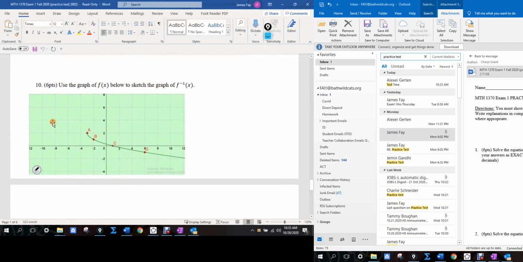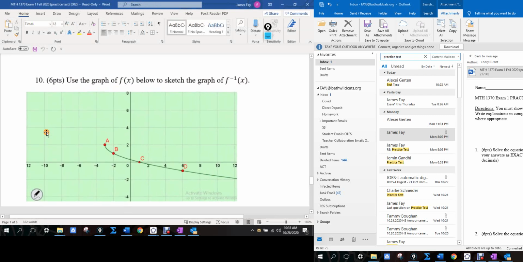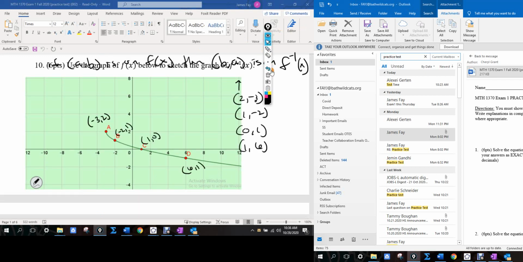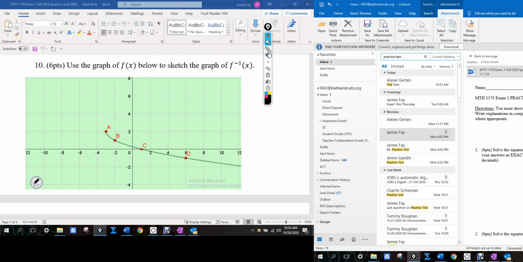All right, so question number 10 on that practice test. If I give you f of x, drawn down here, and I ask you to graph its inverse, we're going to use that logic that we just talked about, that if a point like negative 3, 2 is on f, and negative 2, 1 is on f, 1, 0, 6, negative 1.